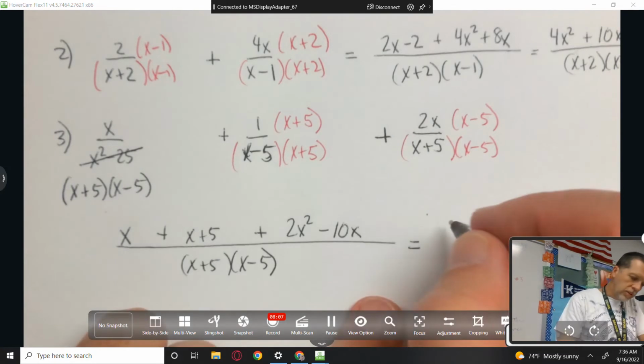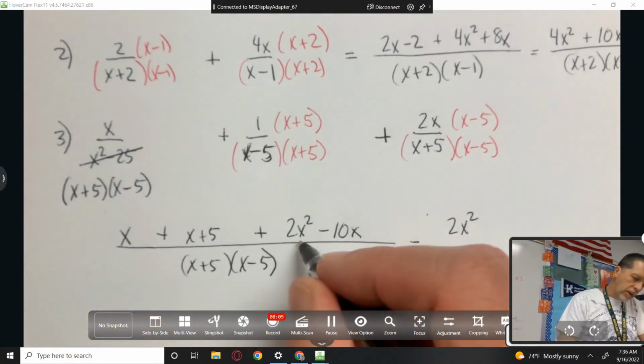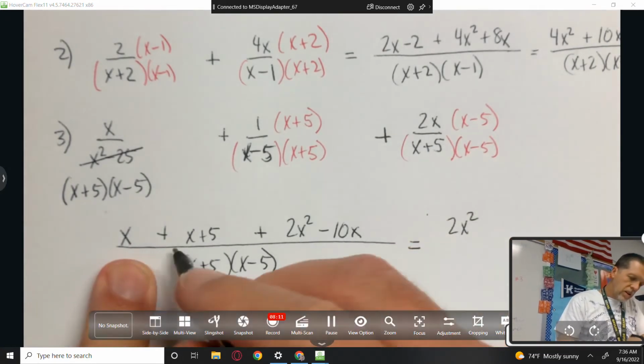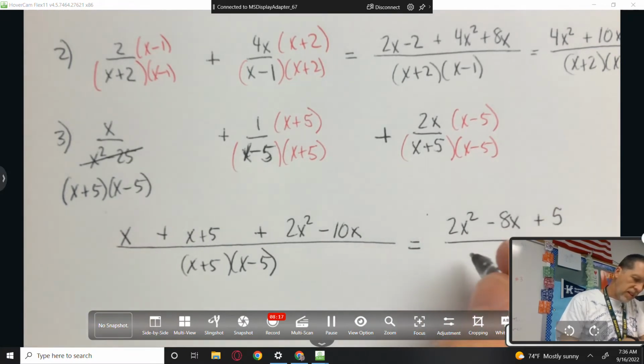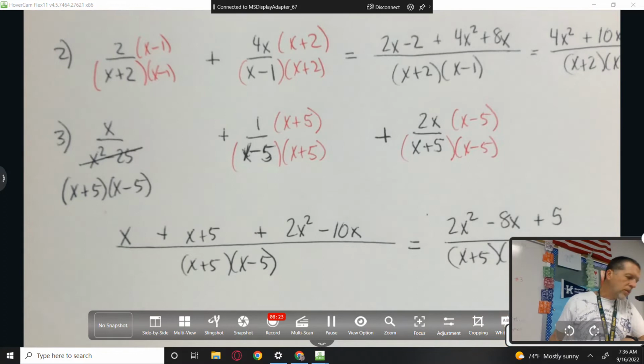And then we'll just collect like terms, so 2x squared minus 8x plus 5, over x plus 5, x minus 5.